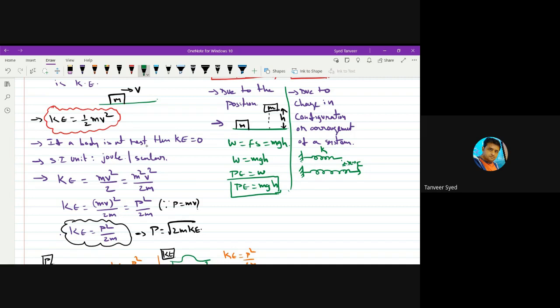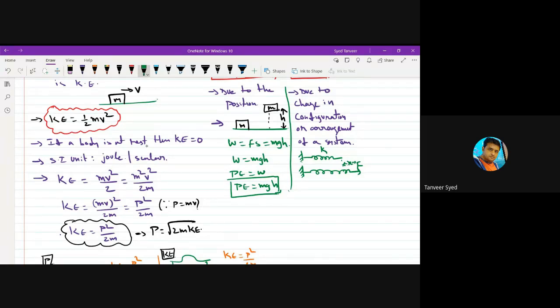Force F is applied, displacement is x, so work is done on the spring. I am doing work, which means I am spending energy. Again, where is this energy going? Let us say I have done 10 joule of work. That means I have lost 10 joule of energy. This 10 joule of energy went into the spring. Now the spring has got potential energy because you changed its configuration by doing work on it. The work that you did will be stored in the spring as its potential energy.